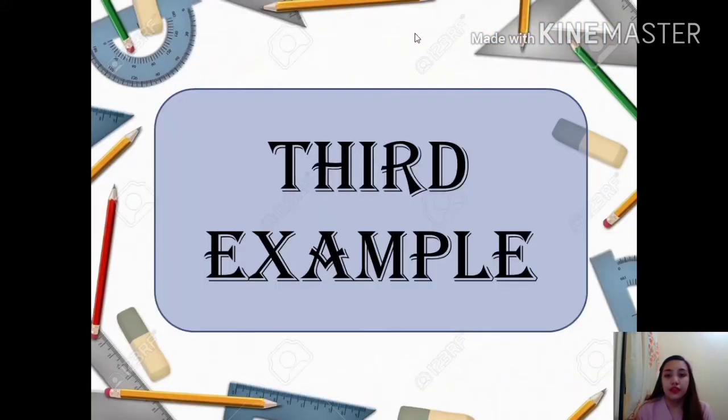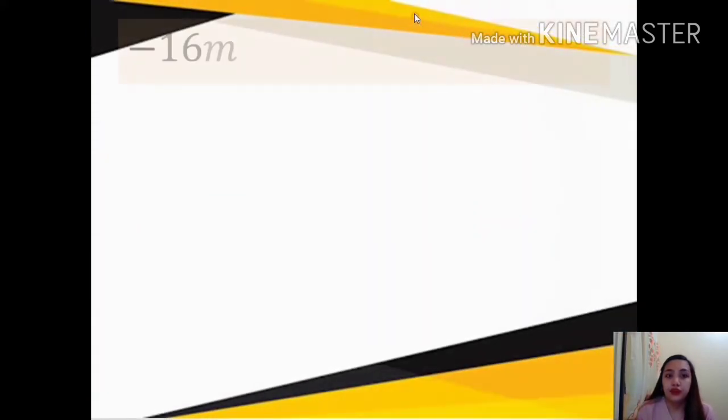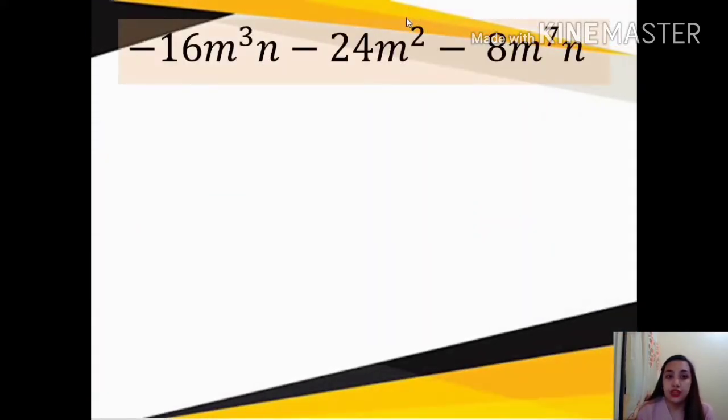Let's move on to the third example. Our third example is negative 16 m cubed n minus 24 m squared minus 8 m to the 7th power n. Now, what should be the GCF of this expression? Lahat sila may negative.